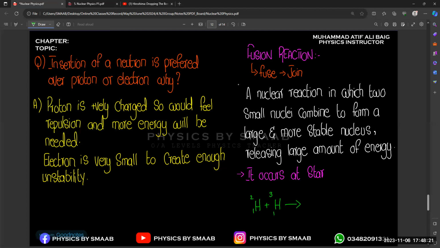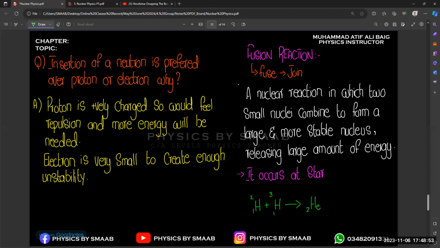In space physics, the last section of physics, we also discuss how stars use fusion reaction. There is a complete topic of stars, how stars become unstable and what reactions take place. So this fusion reaction will help you to understand the formation of the stars, right?